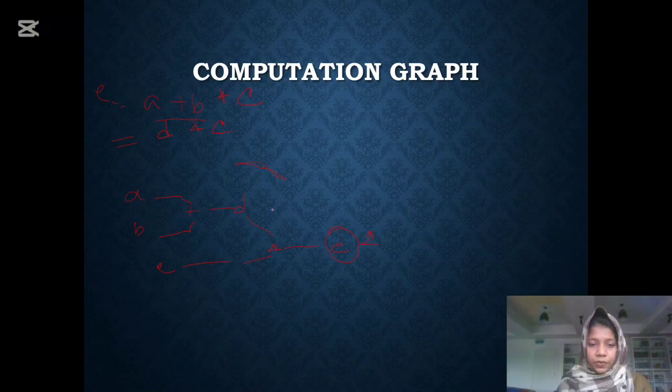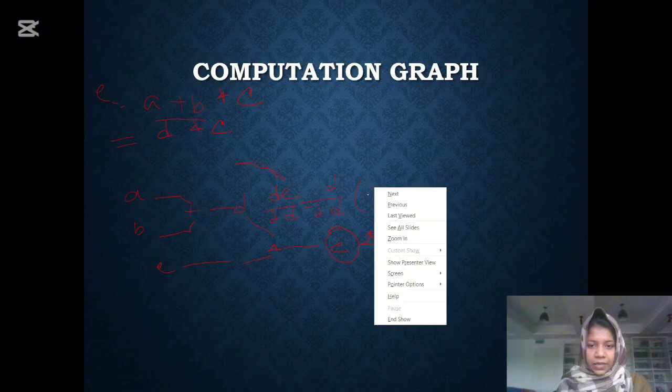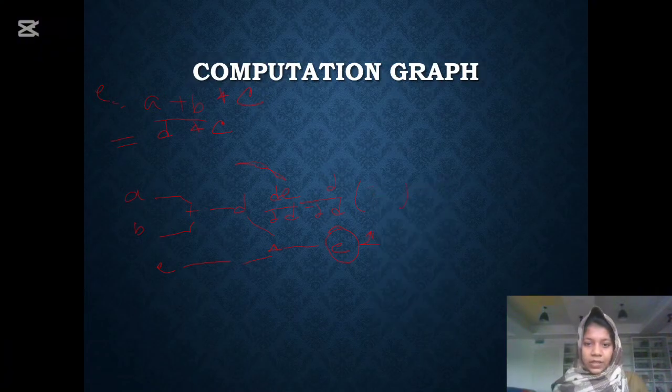Now we need to find out how much E changes with respect to D. So that is the partial derivative of E with respect to D. Here, the value of E is D multiplied by C, so the derivative will be C.